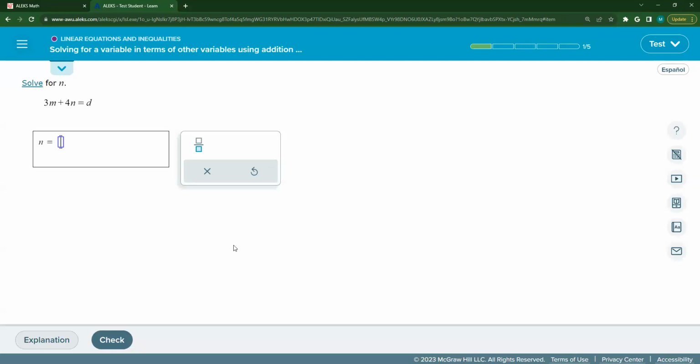In this case, I have 3m plus 4n equals d. I want to get this n by itself, so I'm going to get rid of the 3m first. And to do that, I have to do the opposite, minus 3m. So now I have 4n equals d minus 3m.